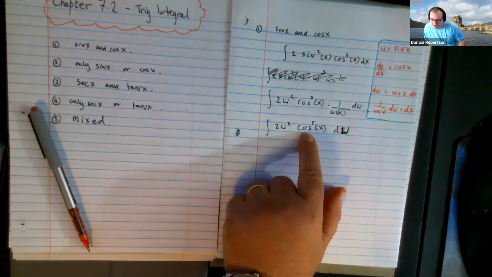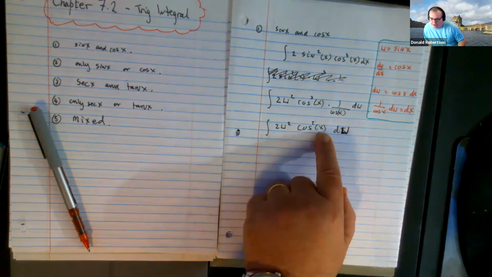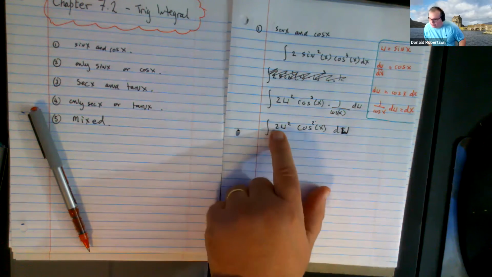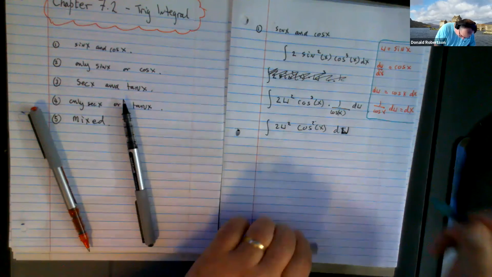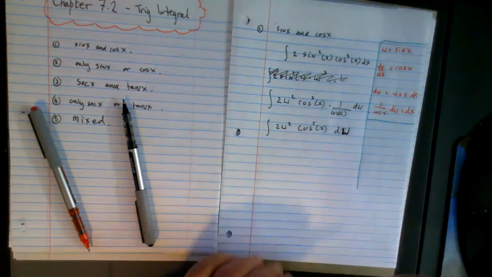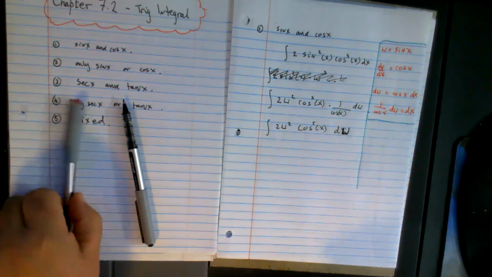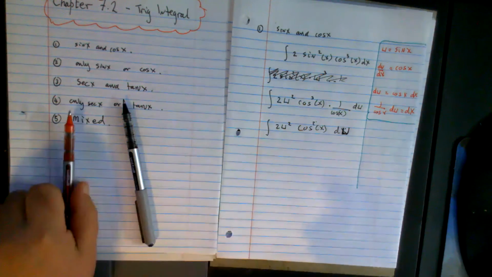Somehow or other, I have got to change cos squared x into u's. And I'm going to use a trig identity to do that. Is that going to be from sine squared plus cosine squared equals 1? You nailed it.